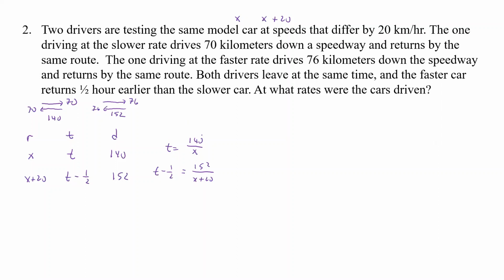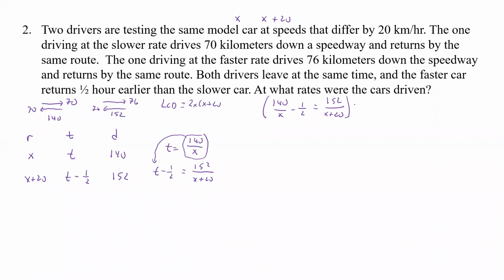So what I'm going to do is take this value here and plug it in here. That gives me 140 over X minus 1 over 2 equals 152 over X plus 20. And now I multiply by the LCD. Well, what is the LCD? That's going to be 2 times X plus 20.